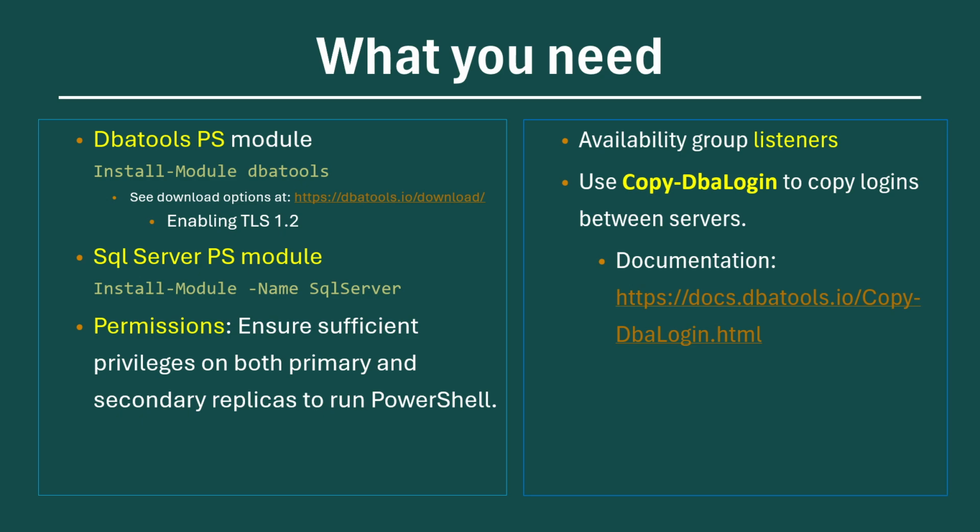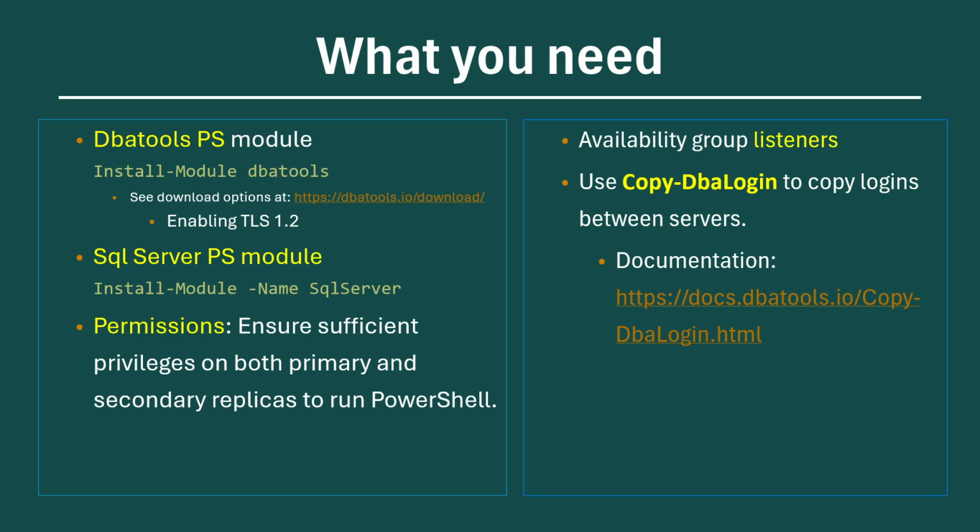The third point is that the user running the PowerShell script needs to have sufficient permissions on the primary as well as the list of secondary replicas, to be able to copy the logins from the primary to those secondary replica instances. You also need to provide the PowerShell script with the list of availability group listeners.